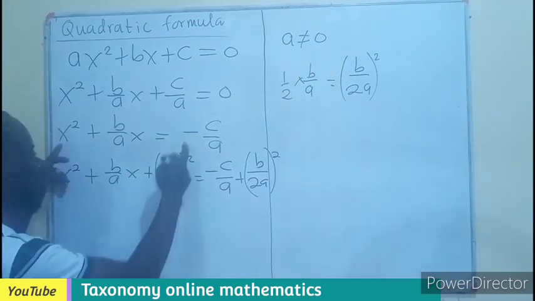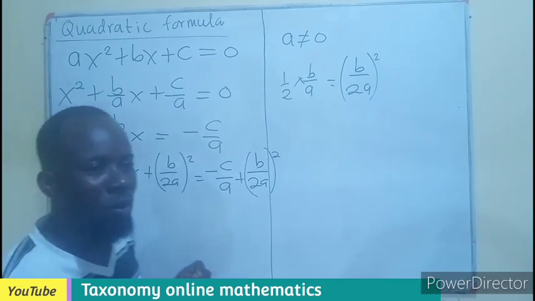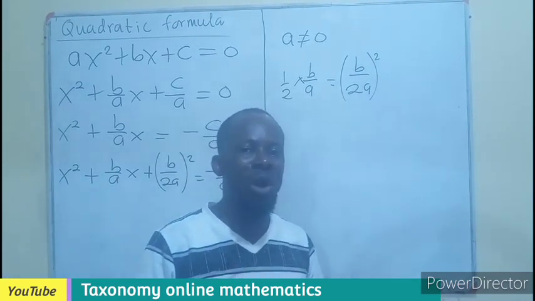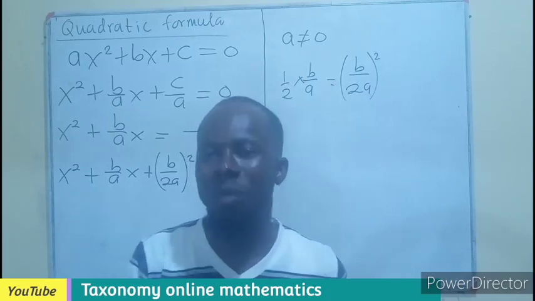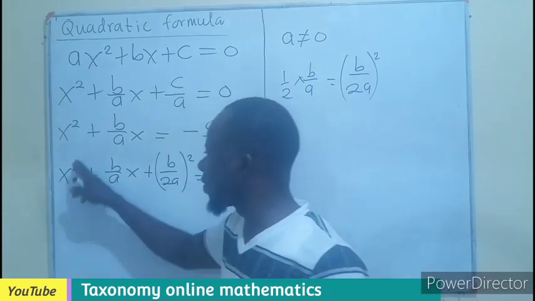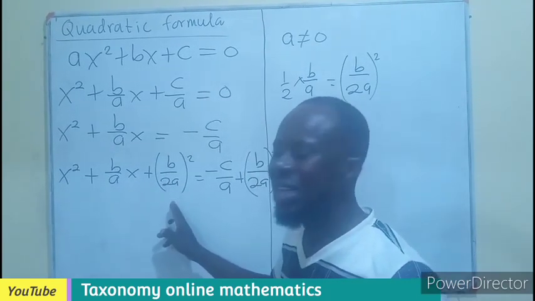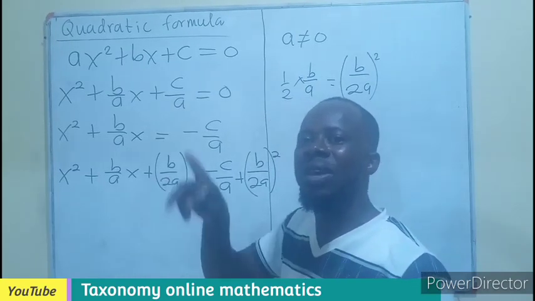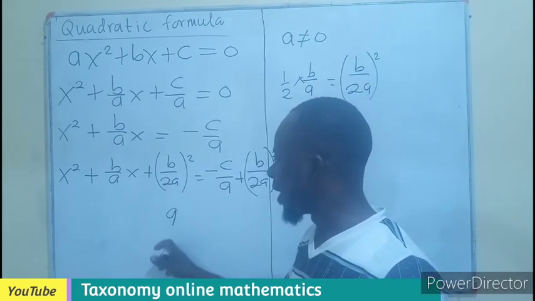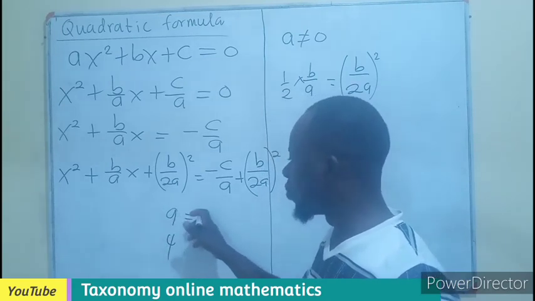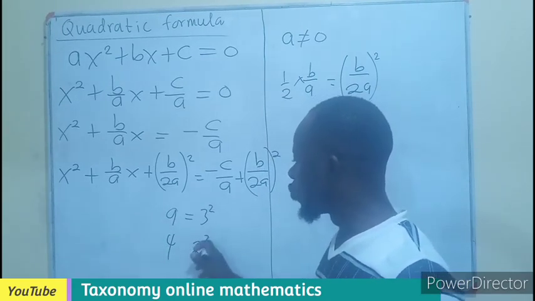Now, when we get to this stage, we also know what they call a quadratic trinomial or a perfect square trinomial. Meaning if I have x squared, x and a constant, if the constant is a perfect square, meaning if it is 9, if it is 4, we can break this to become 3 squared and 2 squared.